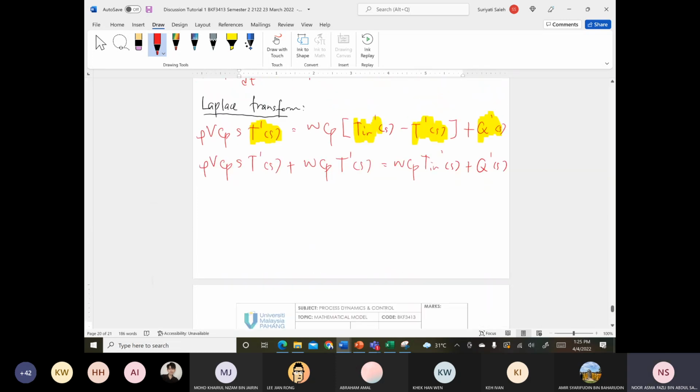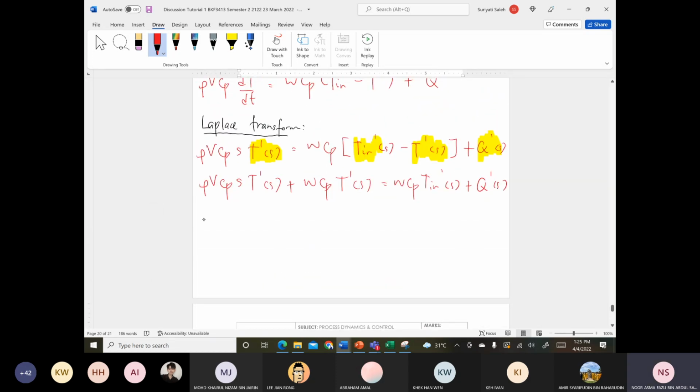So we can do the factorization of T prime, so it becomes T prime(s) times rho V Cp s plus W Cp equal to W Cp T in prime(s) plus Q prime(s).